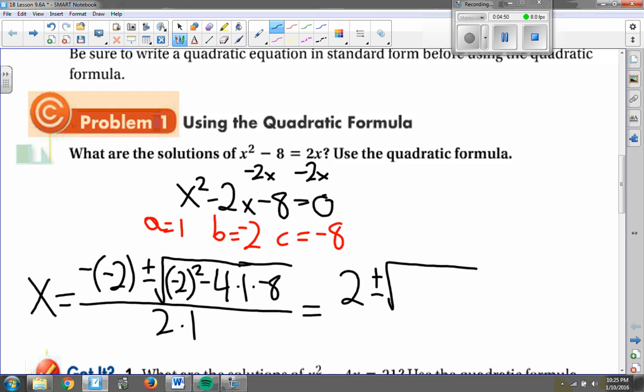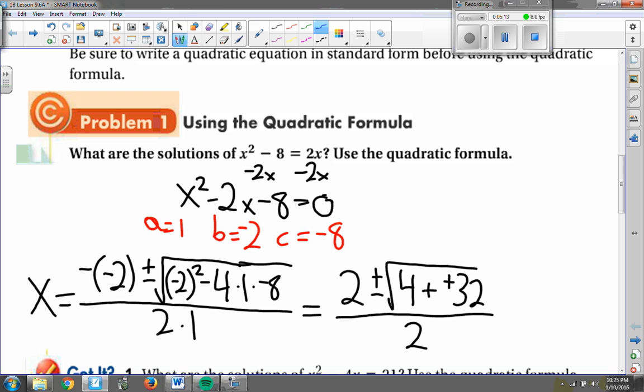Negative 2 squared is negative 2 times negative 2. That's 4. Minus 4 times 1 is just 4 times a negative 8 is negative 32. So I have 4 minus negative 32, but that's like plus positive 32. And then I will divide everything by, as I said, 2 times 1 is equal to 2.